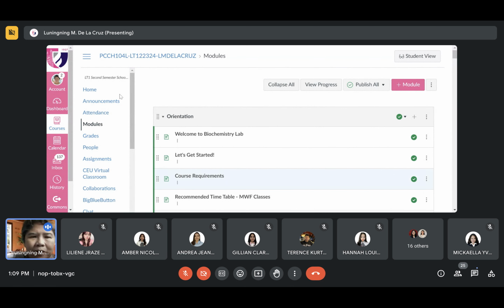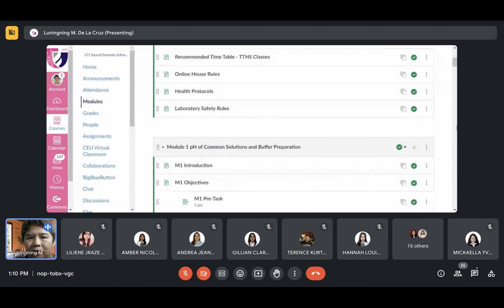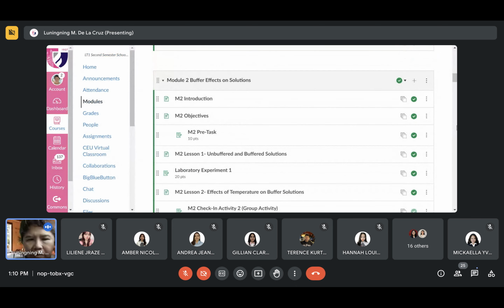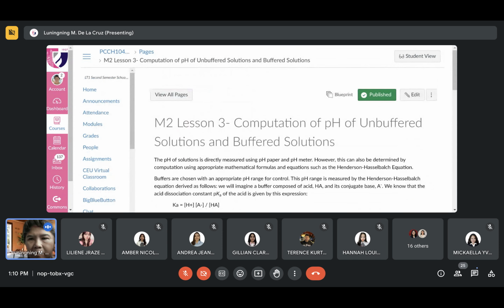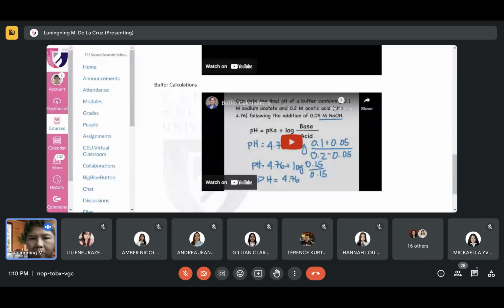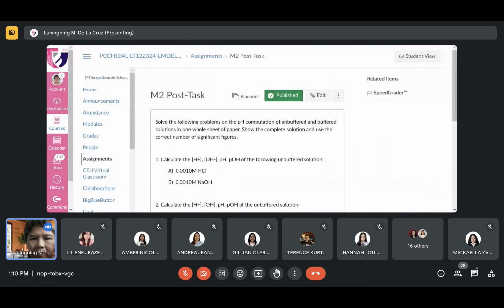Okay, for the first part, kindly compute for the pH and pOH of the following solutions. Let us first compute number 1.